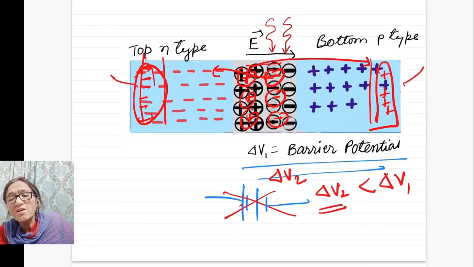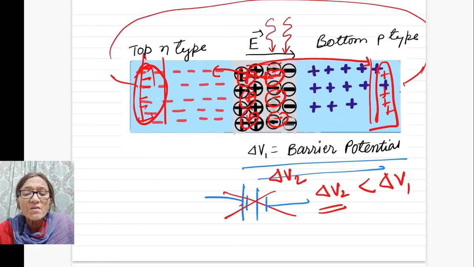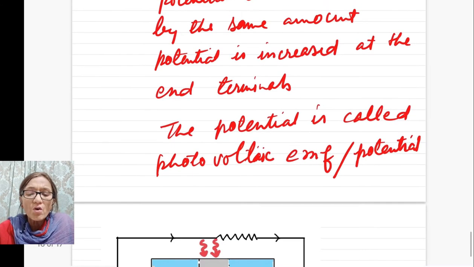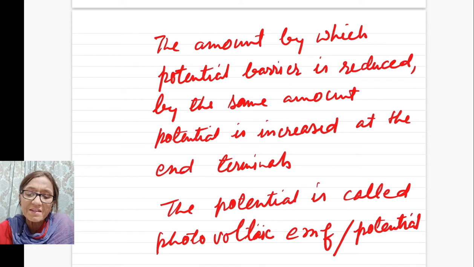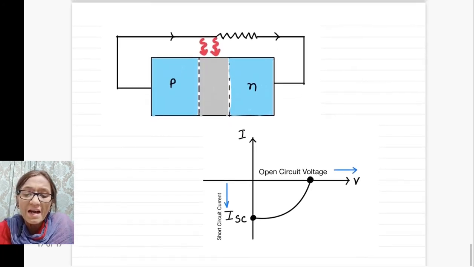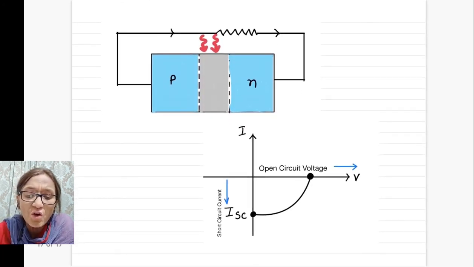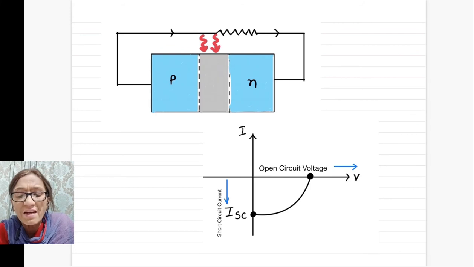Now, in a short circuit condition, when you short this, then there will be a current. So, without applying any external potential, you will have some current in the solar cell. So, this is the thing. When light falls, and when you short circuit, then you have a current.